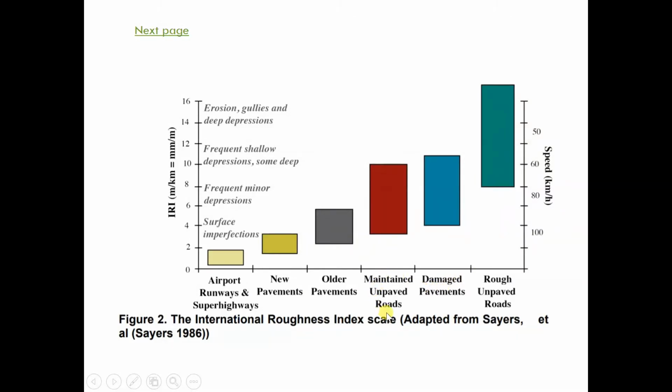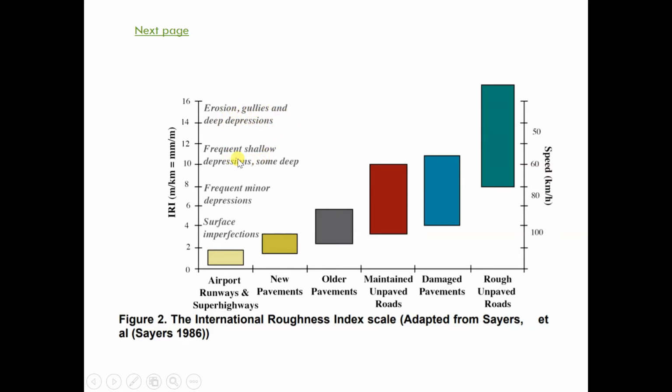So they measure, they have units from 0 to 16. Okay, the units 0 to 16. So you can see that at the higher end, the condition is not good: erosion, gullies, deep depression.